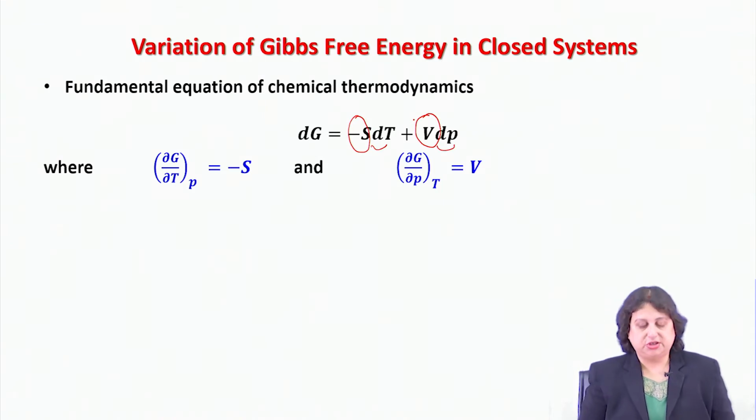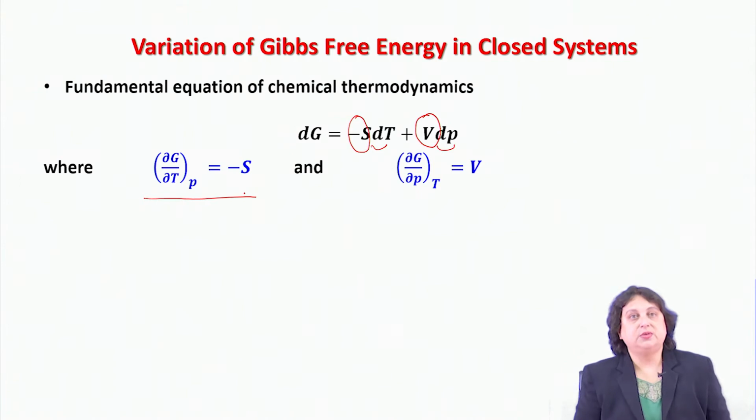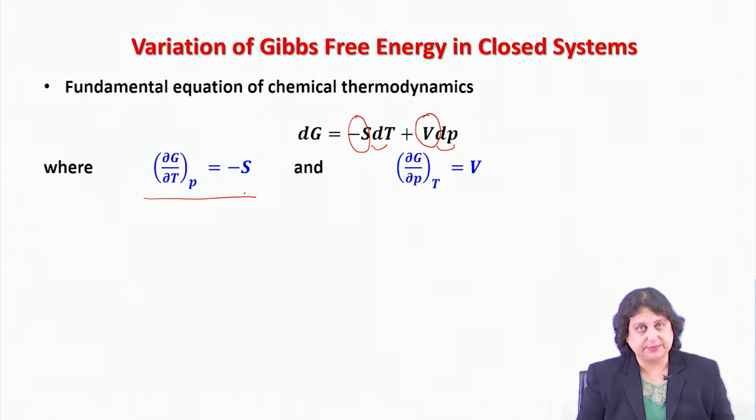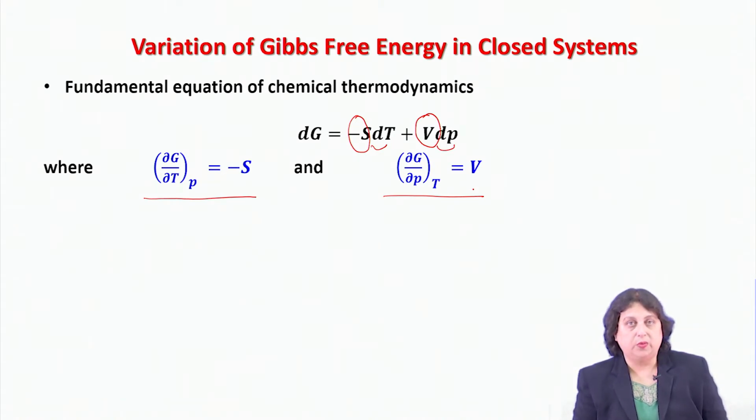So, by definition, I have (∂G/∂T)_P = -S. So, what is -S? -S is the negative of the entropy of the system. And by definition, (∂G/∂P)_T = V, the volume of the system.